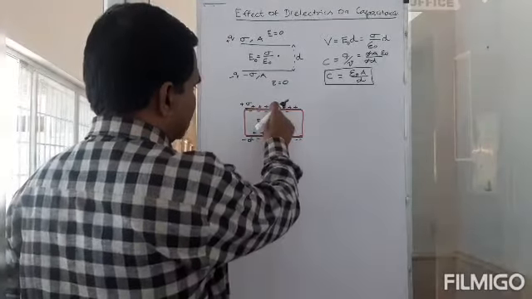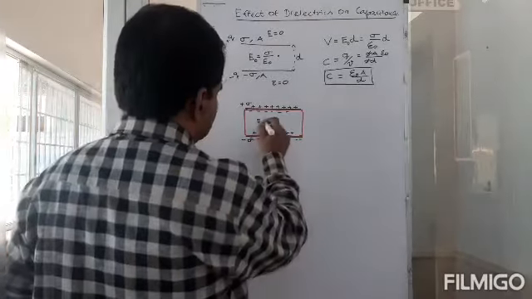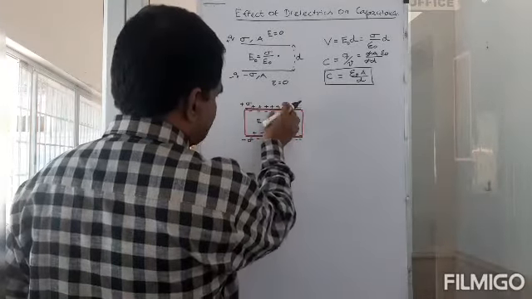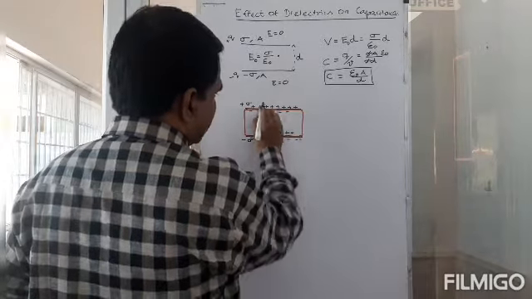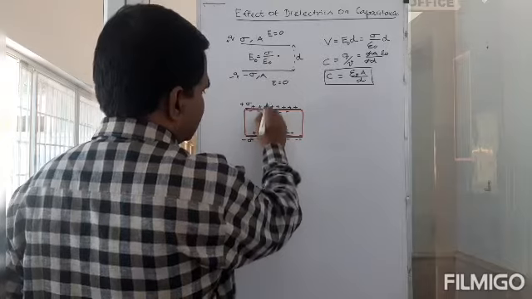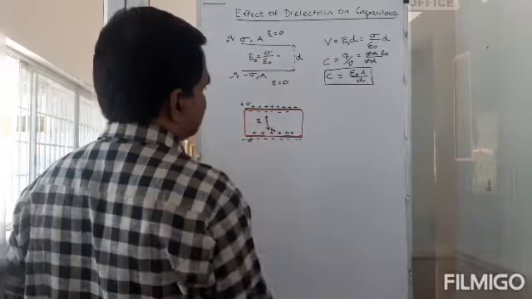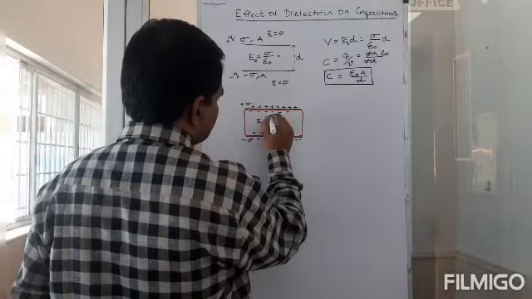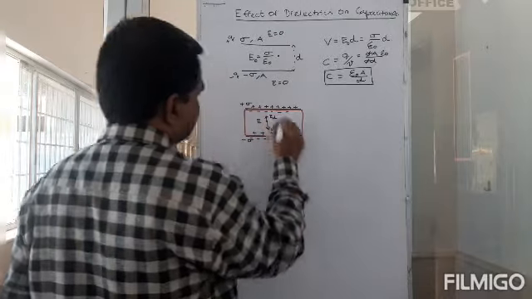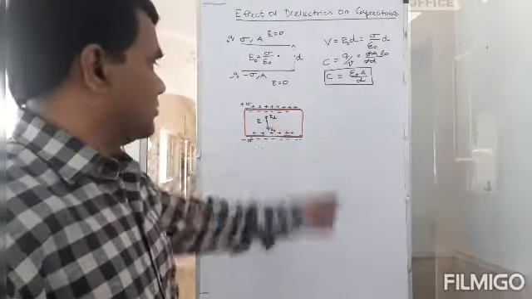Now, what will the dielectric material do? With this positive charge, the negative charges here will pull in this direction, and the positive charges here will push this charge in this direction. So you will have something like this. I will call this ED, the electric field due to the dielectric substance.